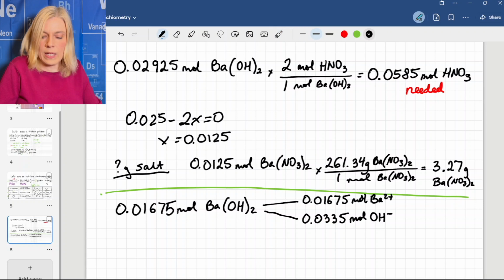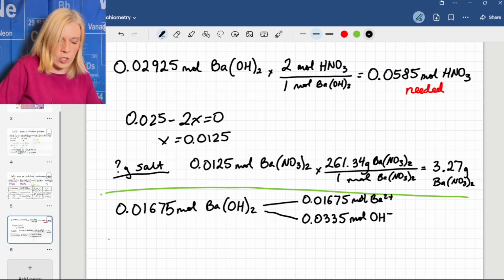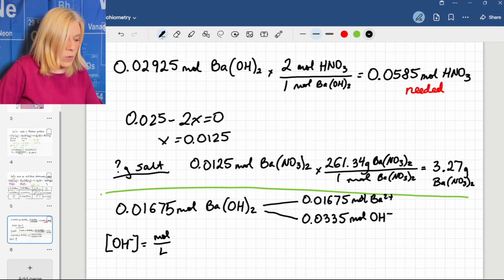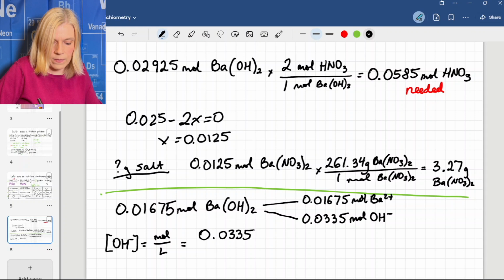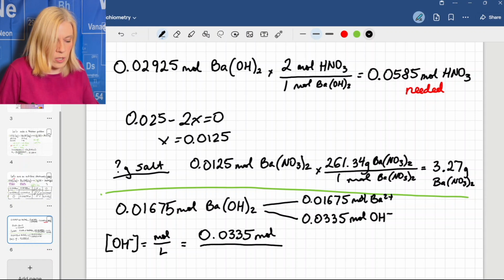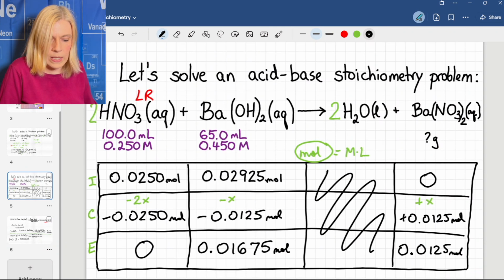And what is my definition of a concentration, right? Concentration of hydroxide is moles per liter. So what is my moles? I have 0.0335 moles of hydroxide in how many liters? Oh my goodness, let's go back. How many liters do I have?